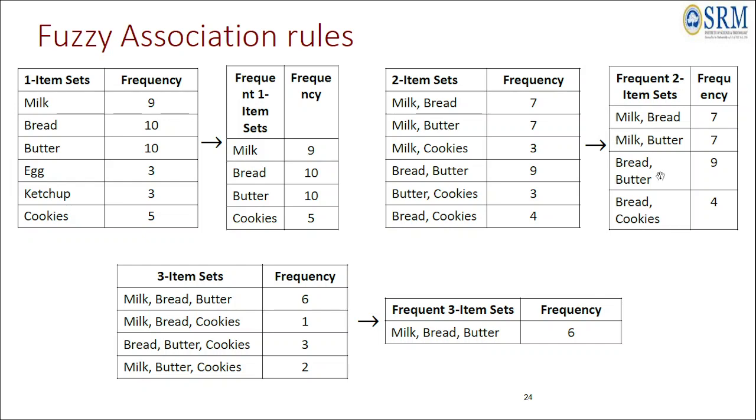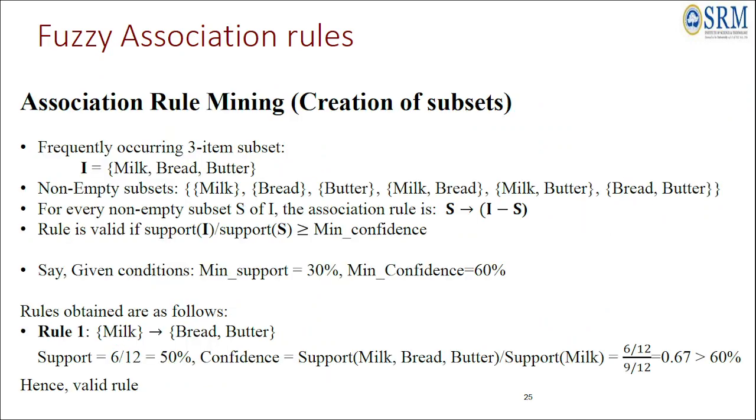Similarly, when we take these four cases, we get the three item sets, and from there we can see that only 6 by 12 crosses the 30% support level. That's why the frequent three item set is milk, bread, butter. Now we have to set the fuzzy association rules.